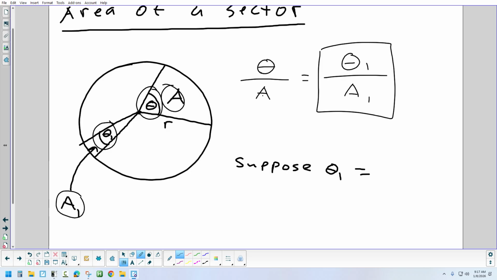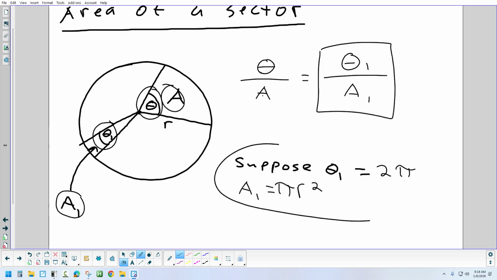So let's suppose that this angle was so big it took up the entire circle. That would mean the area would automatically be pi r squared. If you have an angle that takes up the entire circle, the formula for the area is automatically pi r squared. Knowing that's true, we can figure out any other angle in the circle by just setting up a proportion.